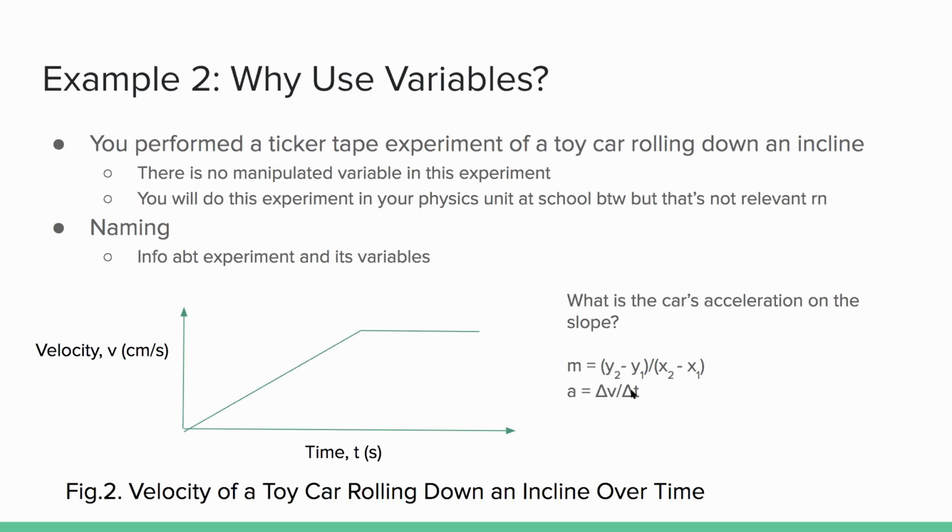So why do we need variables? When we're writing formulas, for example, when calculating slope, I don't know if you guys have learned this in class yet, but slope is equal to change in y over change in x.